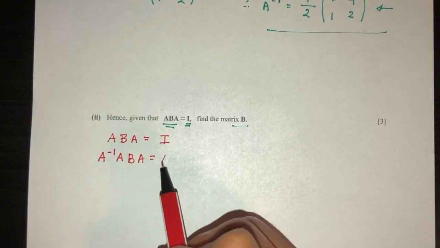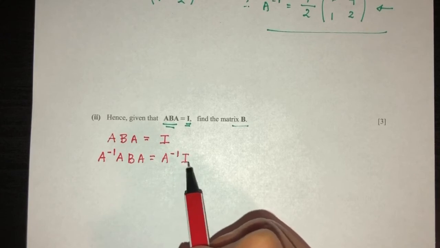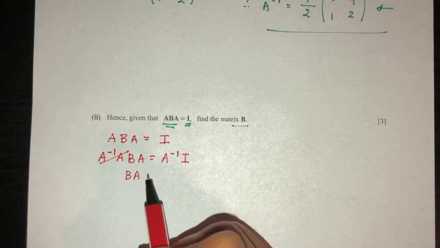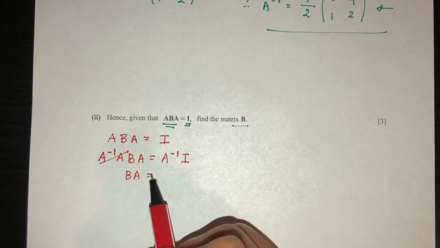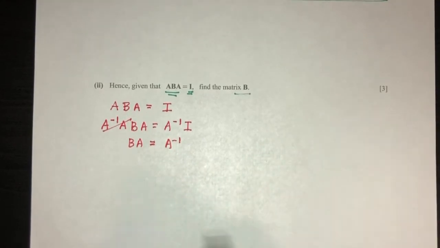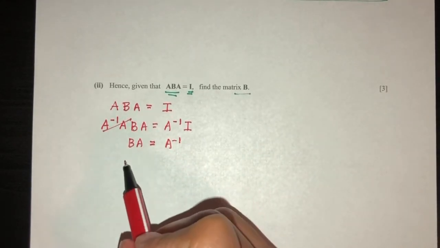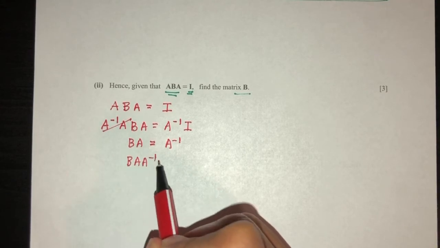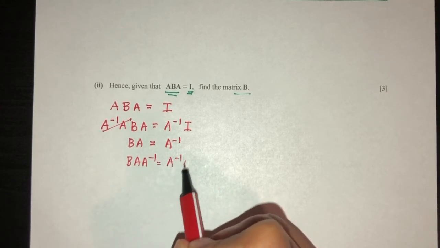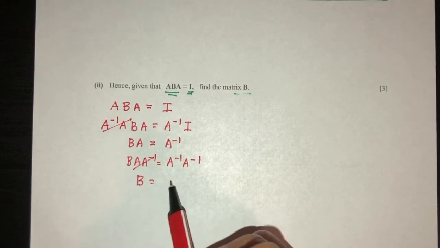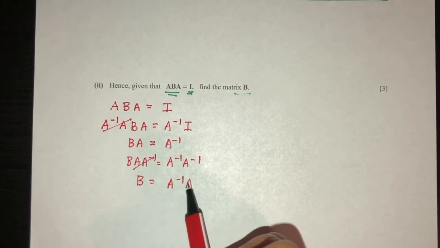So you have A inverse times I. So these two will be cancelled out. You will have BA is equal to, so now A inverse times I is A inverse, right? Now to eliminate this one, you have to multiply by A inverse on the right side. That will become A inverse times A inverse. That will be B is equal to A inverse times A inverse.